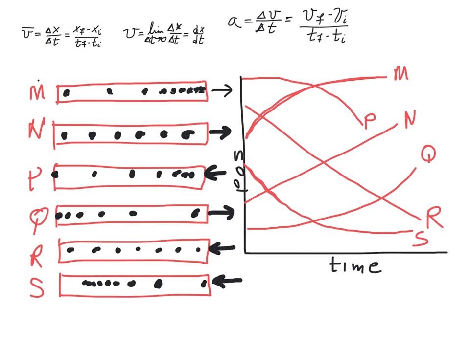So P, notice P starts at a position and goes to smaller positions. It goes from like 100 meters to 50 meters, going towards 0 meters. So the slope of this line starts at 0, and then the slope gets increasingly negative. So this has to be moving in a negative direction, and I should have more dots here.